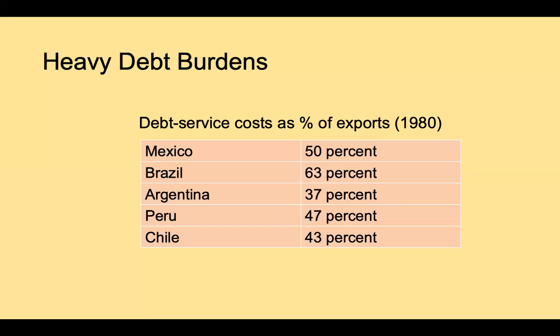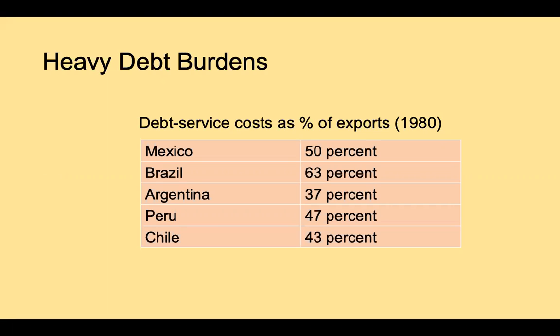The United States, as we talked about, does run deficits, as do most large industrialized countries. But those deficits don't usually get any larger than a few percent of the overall GDP. But looked at as a percentage of the value of exports, the total debt service costs look even larger. This gives you a good sense of just how contradictory some of the policies were.